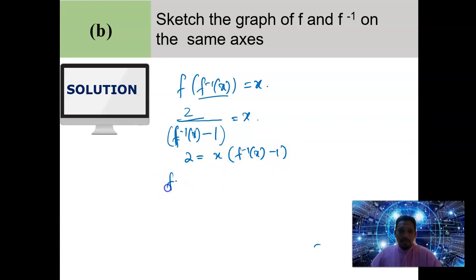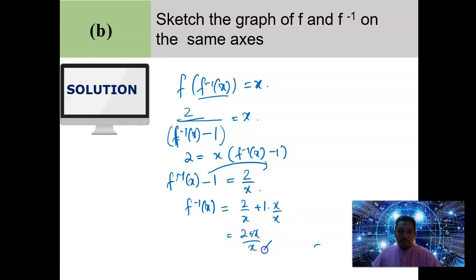Then divide by x, so f inverse of x minus 1 equals 2 divided by x. And then negative 1 brought to the other side becomes positive, so 2 divided by x plus 1. Or simplify this, multiply with the x and x, so 2 plus x divided by x.